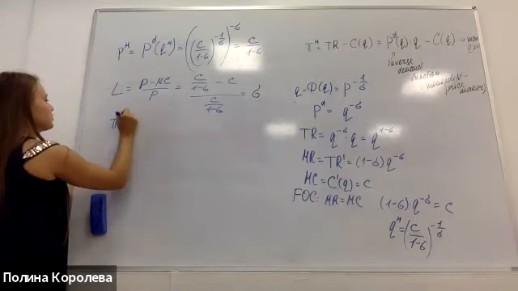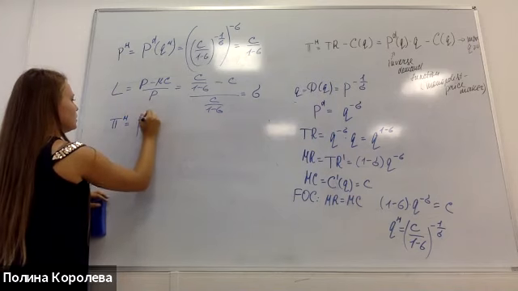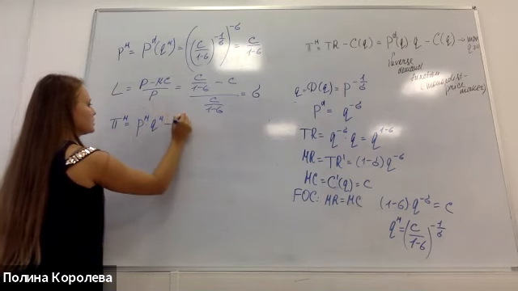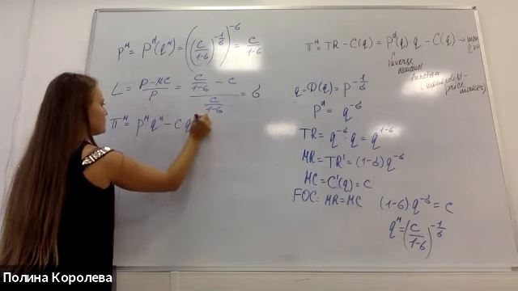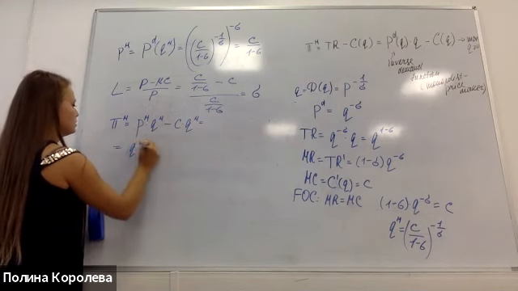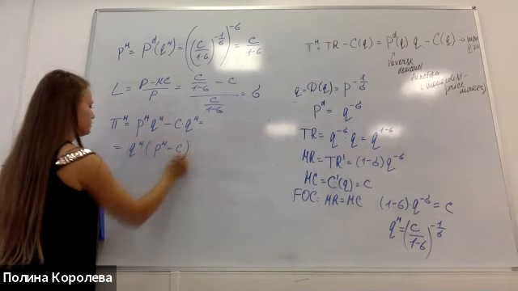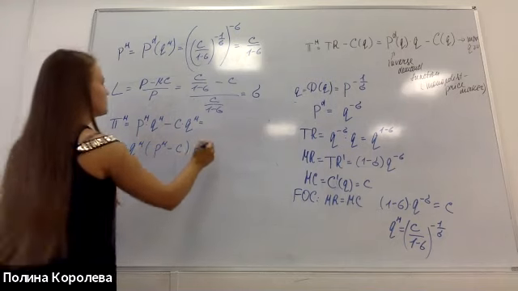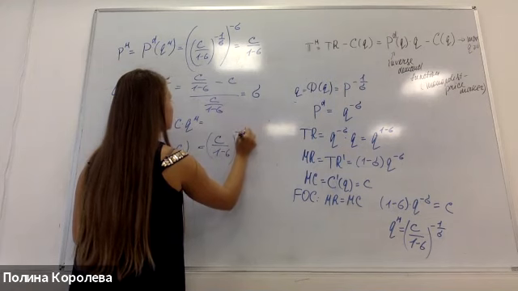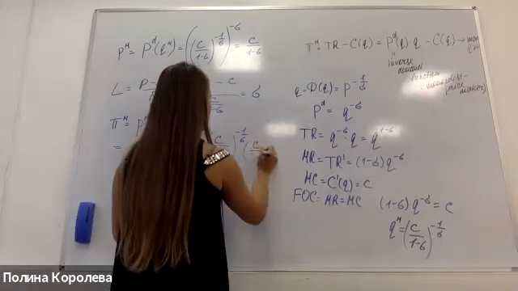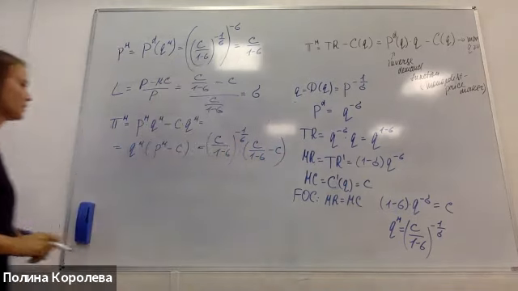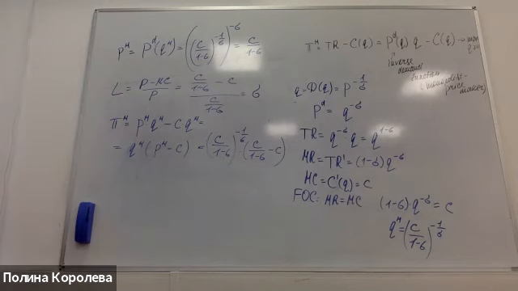What about profit? Profit is revenue, price multiplied by quantity, minus C multiplied by quantity. Or rather, quantity times price minus C. This is the profit for each market, the profit of the monopolist.